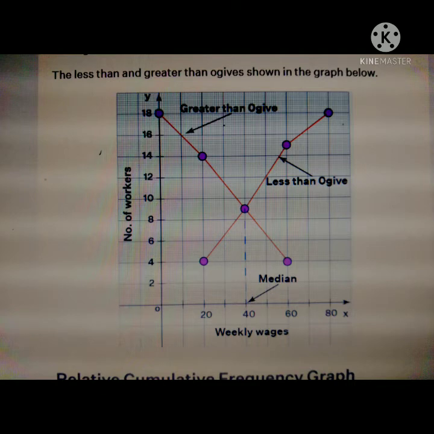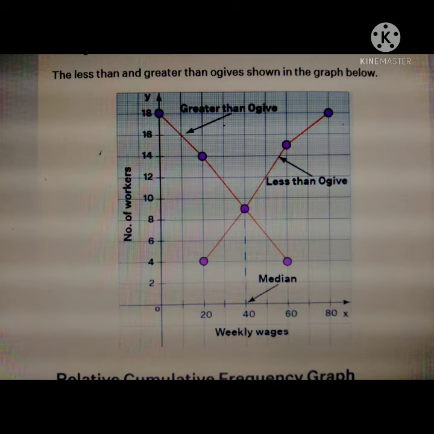So on drawing both the curves on the same graph, the point at which they intersect, the corresponding value on the x-axis represents the median of the given dataset. As you can see, it was labeled already.